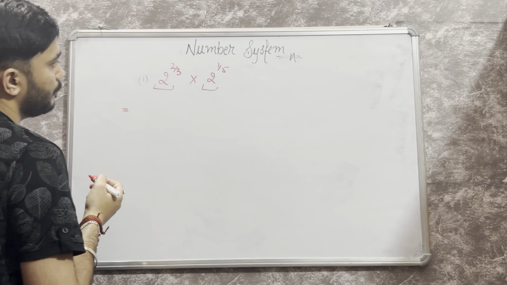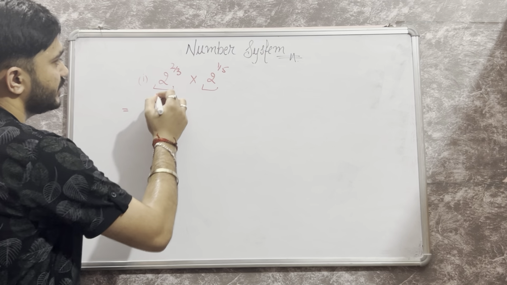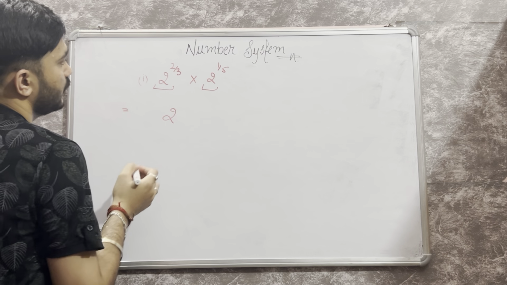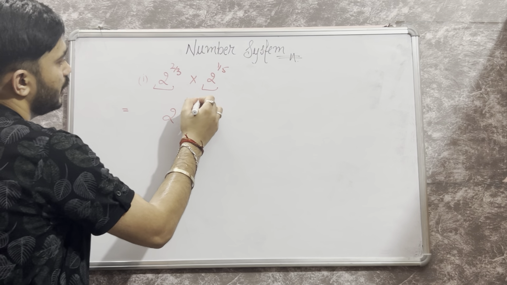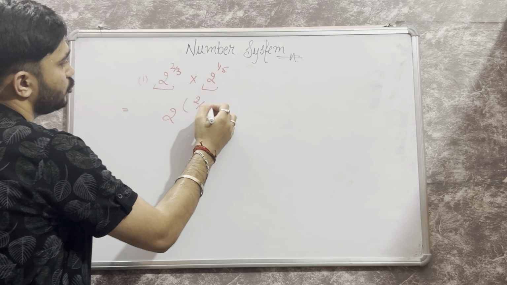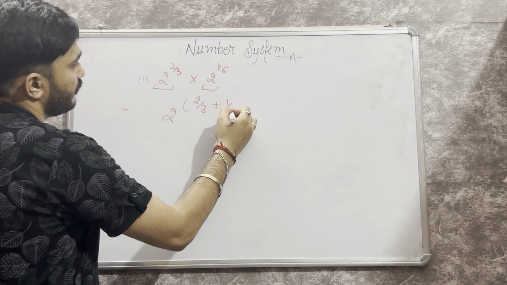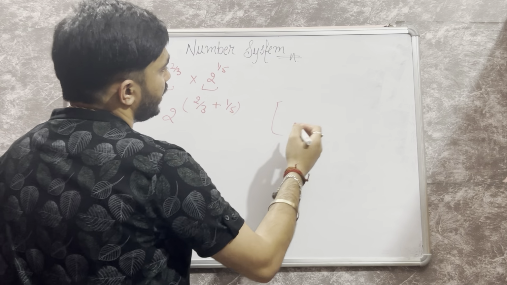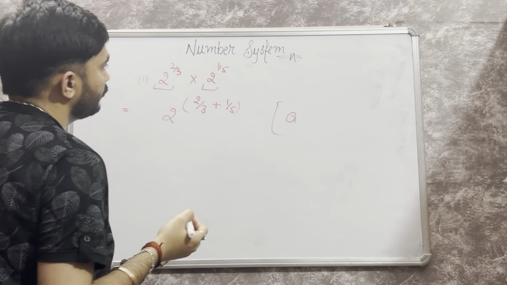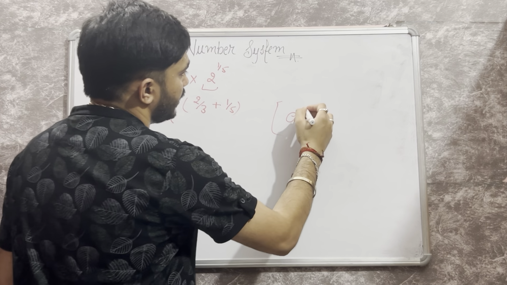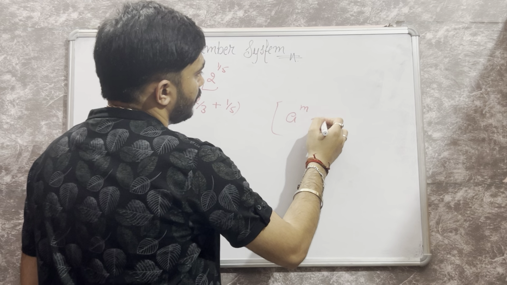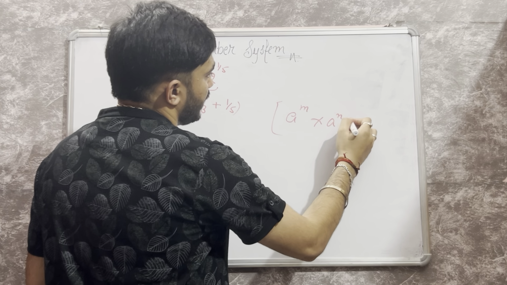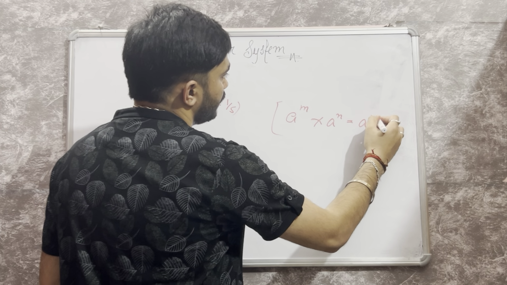So we are going to apply the property here, that is bases are same, powers are added. So the base is going to be 2 and power 2 by 3 and 1 by 5 are being summed up. Write the property at the right hand side of your notebook, that is a raised to power m multiplied by a raised to power n is equal to a raised to power m plus n.